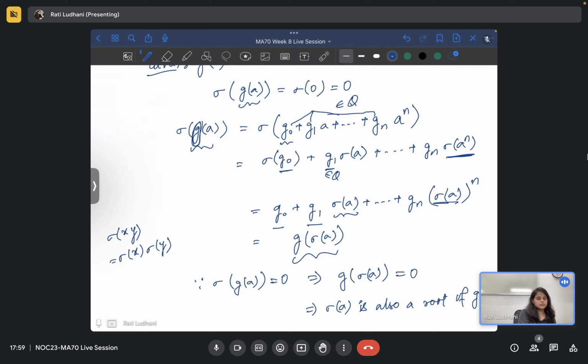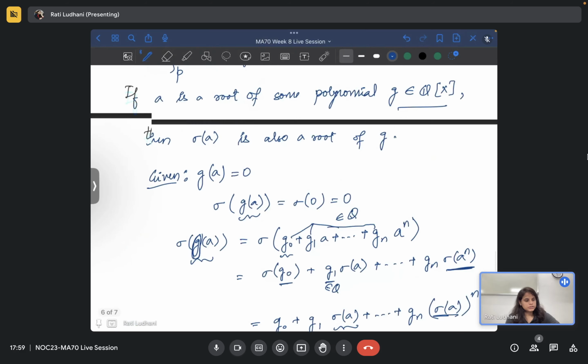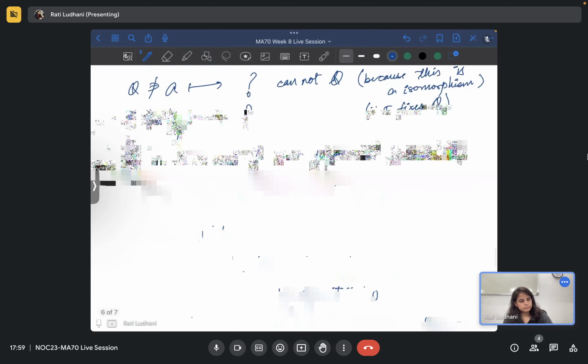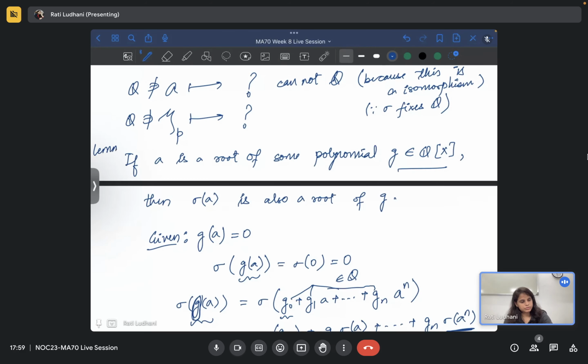So it is also a root of g. Firstly, this is happening because the coefficients are from Q. You cannot take coefficients from a bigger field. We have to stick to Q because this is a Q algebra isomorphism. That is important. So this is the statement, so maybe if you want to write, a lemma.